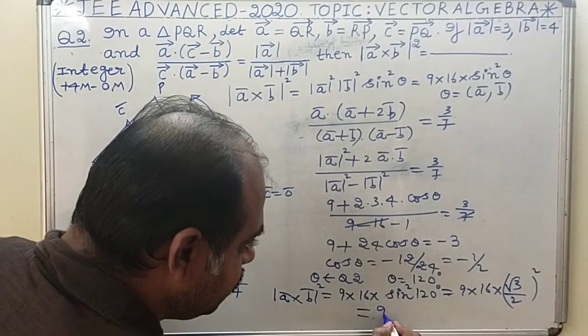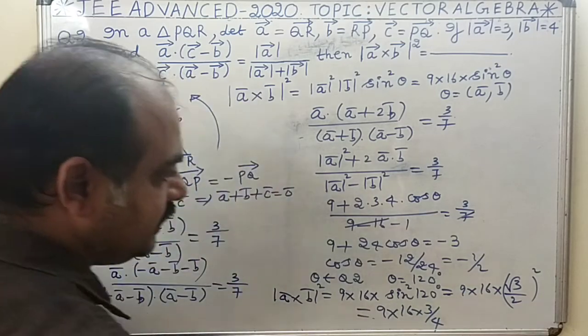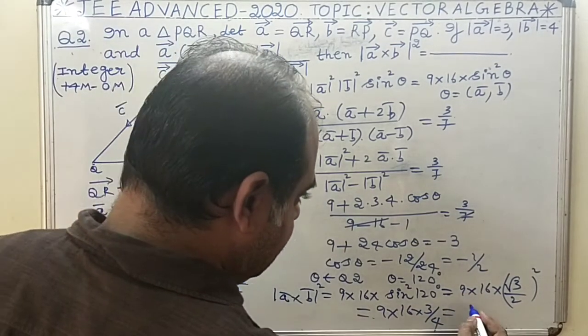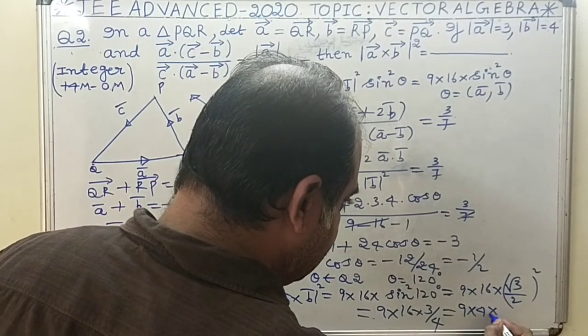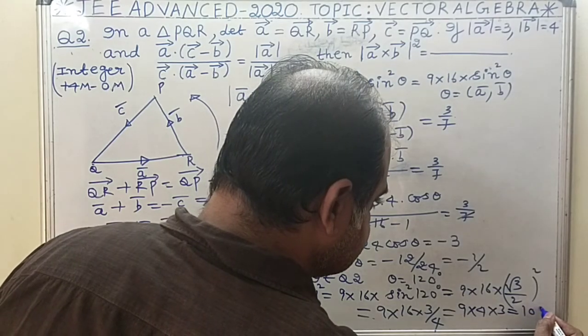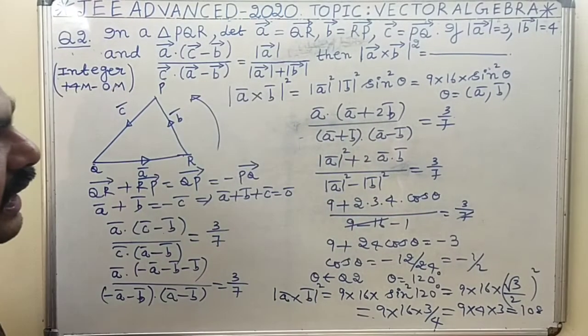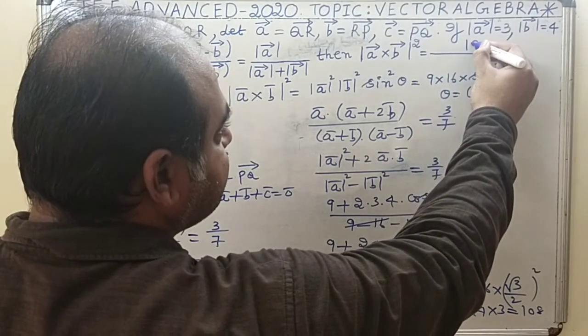So that comes out to be 9 into 16 into 3 by 4, that means 9 into 4 into 3. So the answer is 108. That is the integer answer. Simple problem.